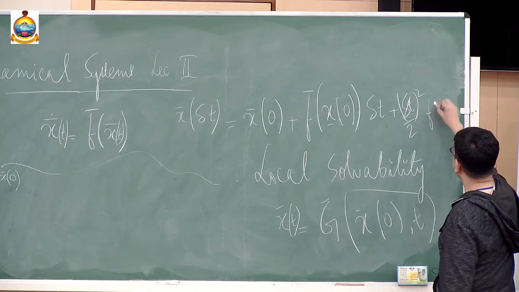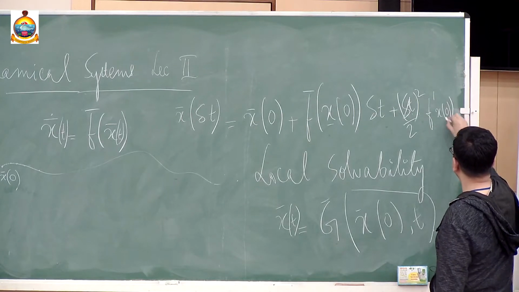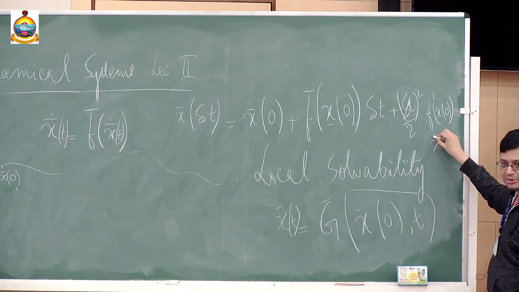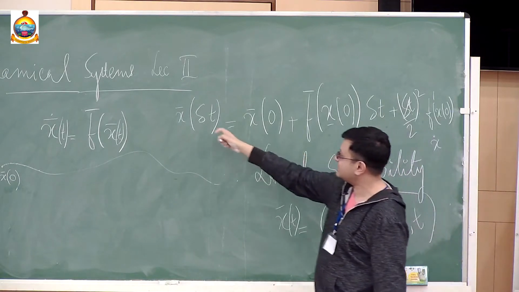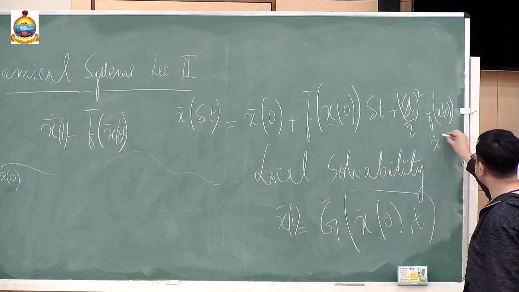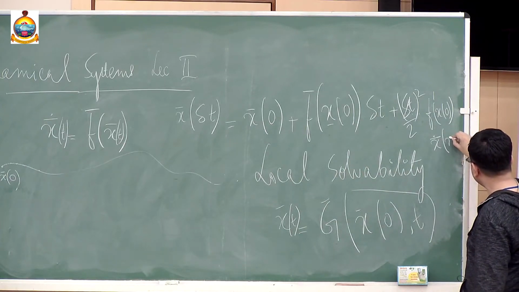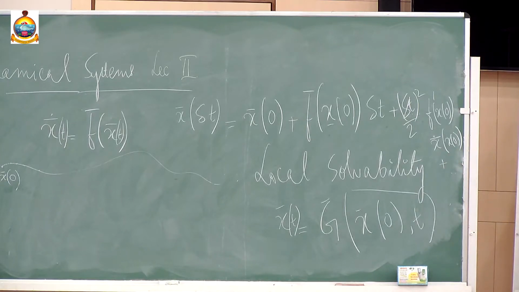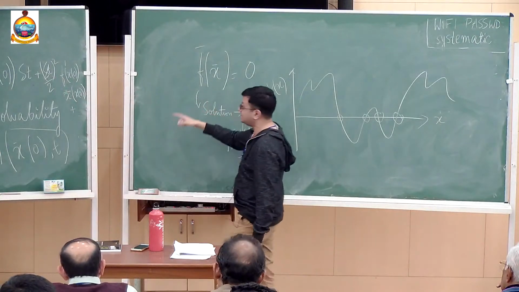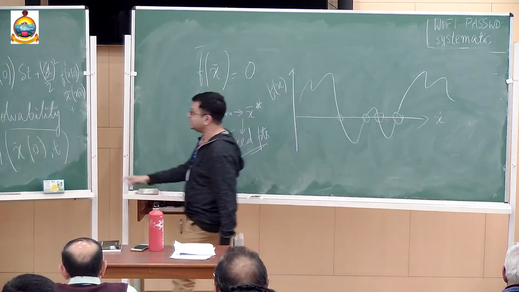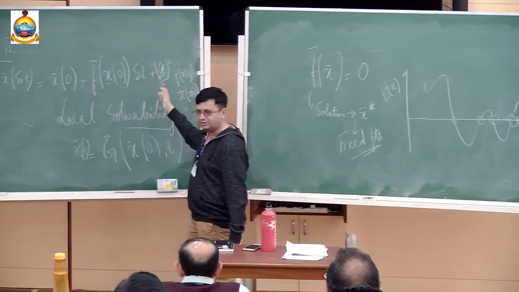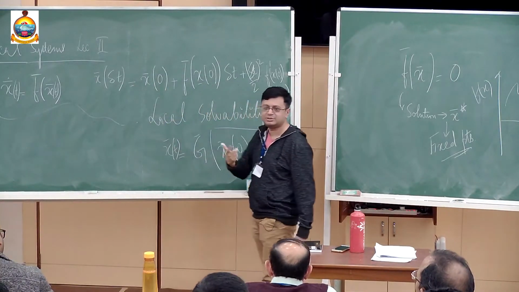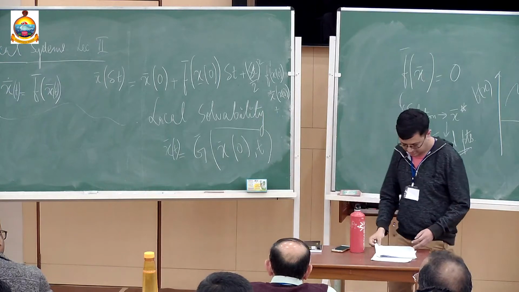No, so it will be f prime x of 0 times x dot. No, you have to take x dot, because you are Taylor expanding in time, right? F prime x of 0 times x dot at x of 0, and so on. And this term will of course give you the same solution, because if x dot is 0, x double dot is 0, x triple dot is 0, all derivatives are 0. If you do the Taylor expansion, you will find that each and every term in that Taylor expansion, excepting the first term, will give you 0, and therefore x of delta t is equal to x of 0. You do not evolve. Okay? Like everything is so consistent.